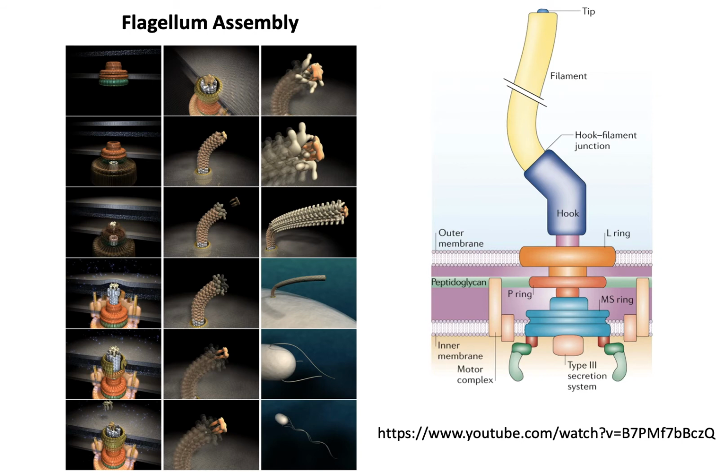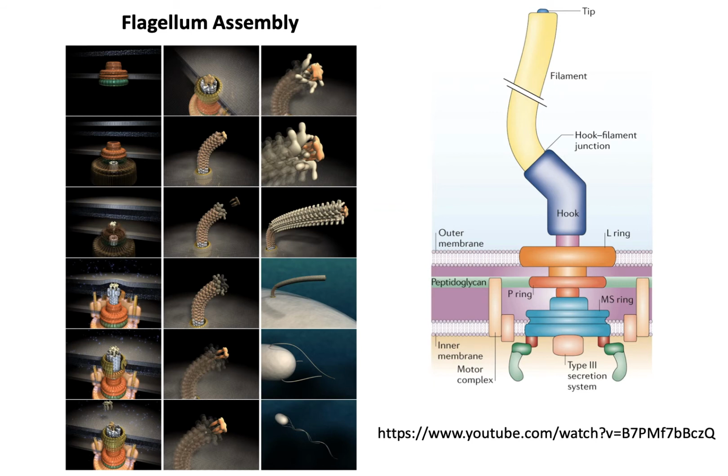So you start with the basal ring up at the top left, and if you go down that first column, that's built up, and then you get a second collar built to go through the second membrane, and then finally you start forming the hook in the middle top there. So the top is formed, and then finally there are multiple protein units that come out to form the filament, and it's just repeated over and over and over again.